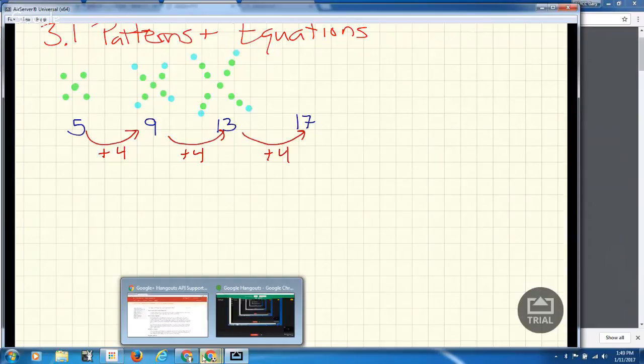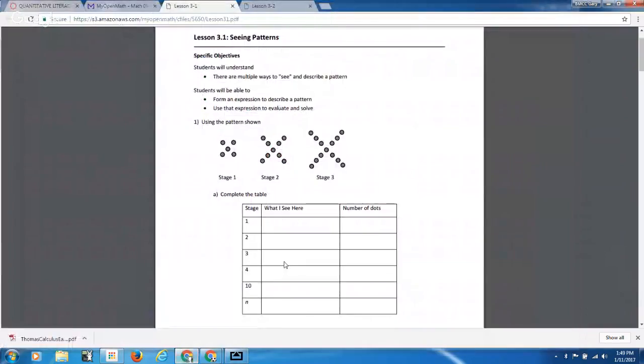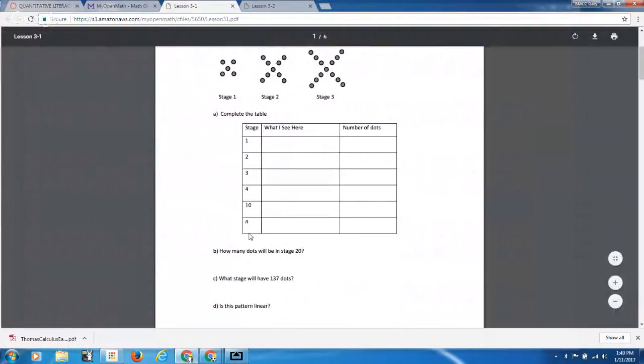All right, back to that worksheet. So we have different stages here, and they have an nth stage. So n is going to be our variable ultimately. And I'm not going to worry about what I see. I already talked about that verbally. You can write down, I see an x with 5 dots, number of dots.